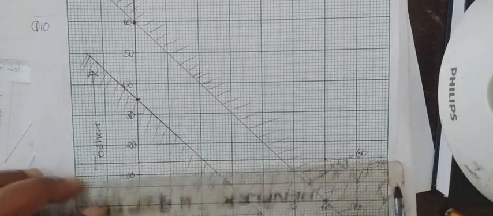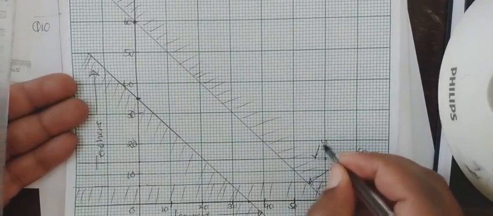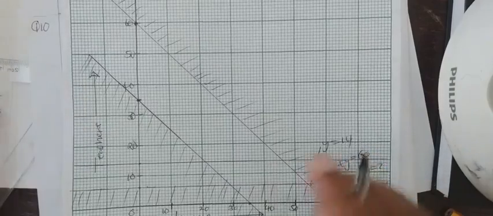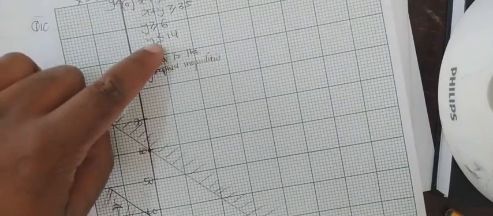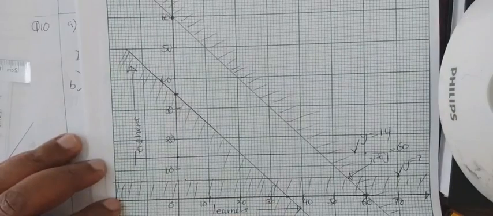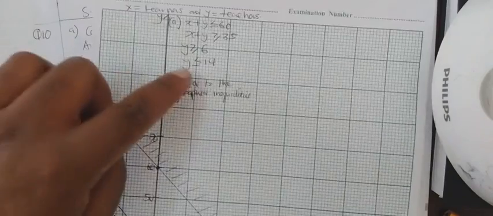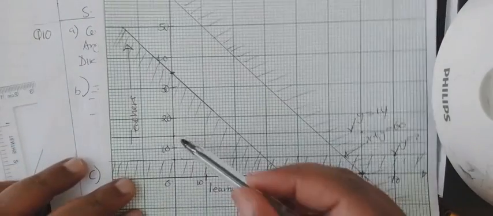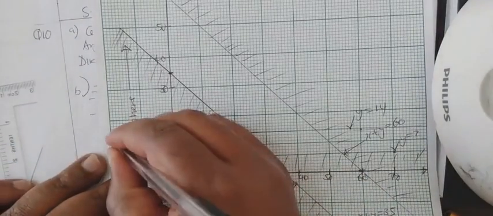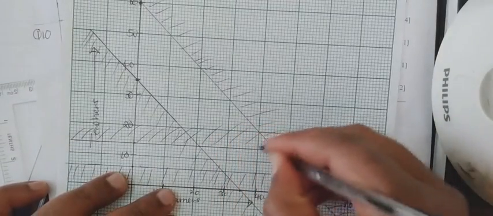Okay, so you can as well name this one as y is equal to 14. But what we want is the less part, like we were saying. So this is less and that is greater, so we eliminate the top part. Alright? The top part is eliminated.